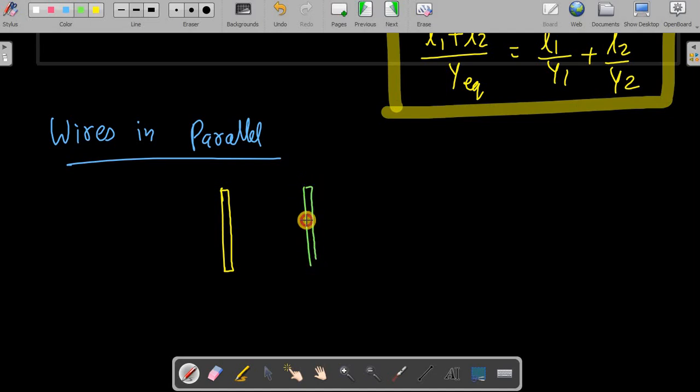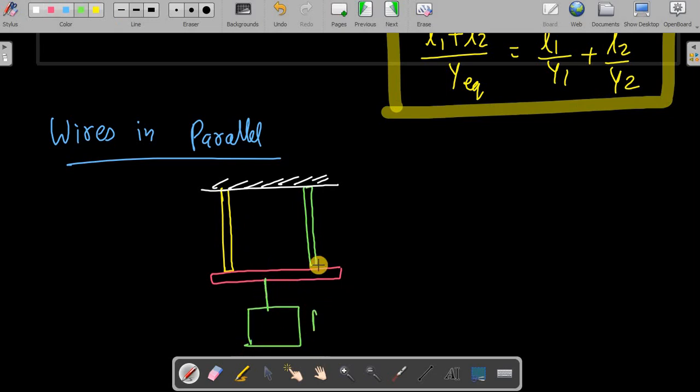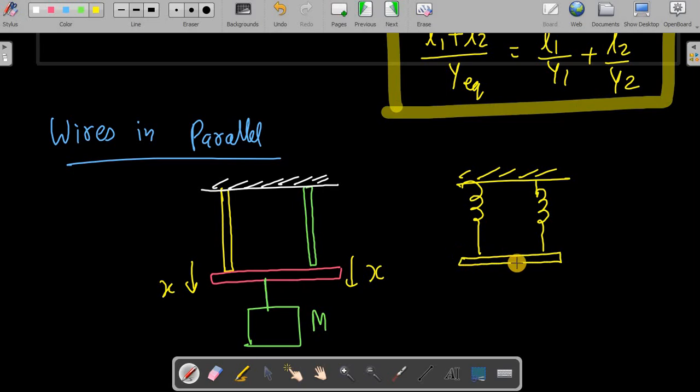This time the length of the rods are the same, and they are put in some ceiling, and here a block is connected, or there may be some common platform where the block is hanging like this, that you can see. So definitely here the elongations that are going to happen will be the same in each of the rods. Each of the rods behaves like a spring here, right? This way it is connected.